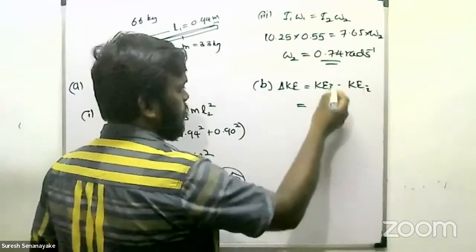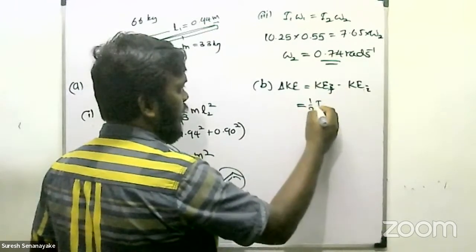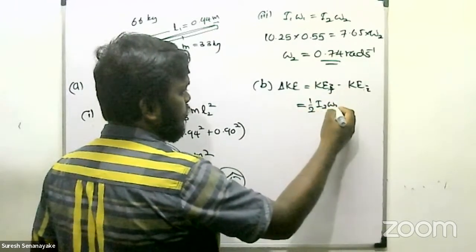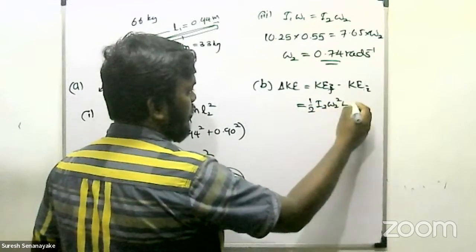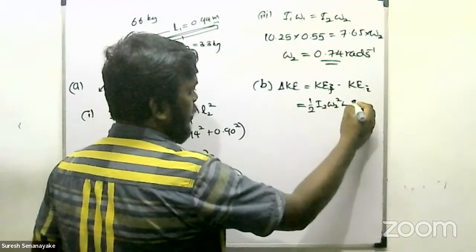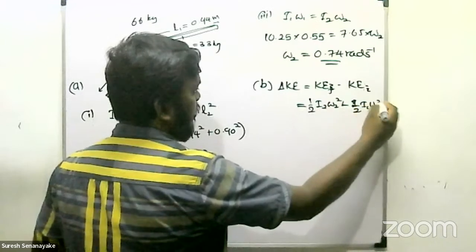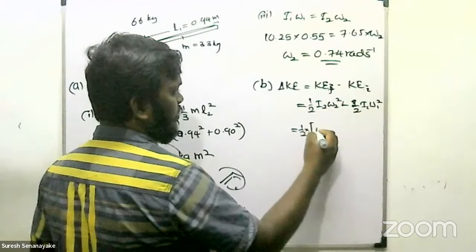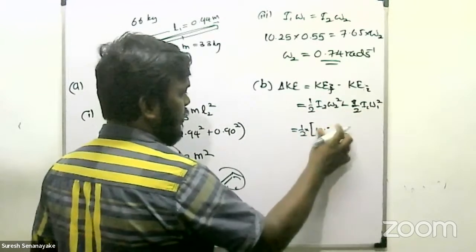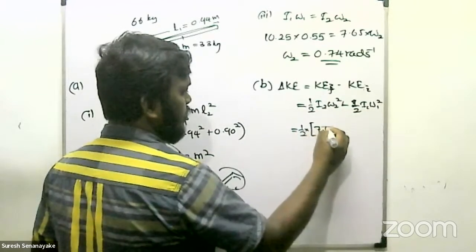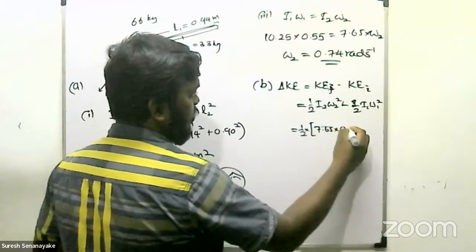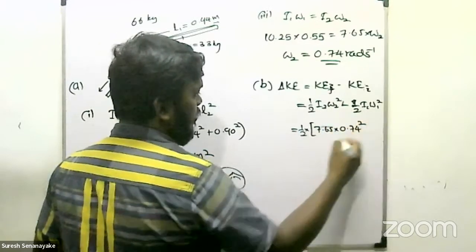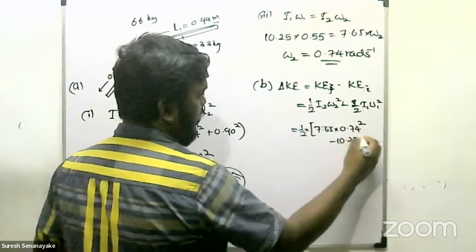And then this one, half I2 omega 2 squared minus half I1 omega 1 squared. So you can take this half out. I1 is 0.25. Sorry, I2 is 7.65, multiplied by 0.74 squared, minus 10.25 squared.